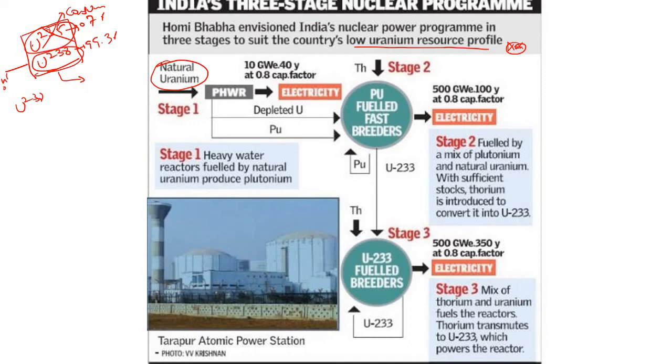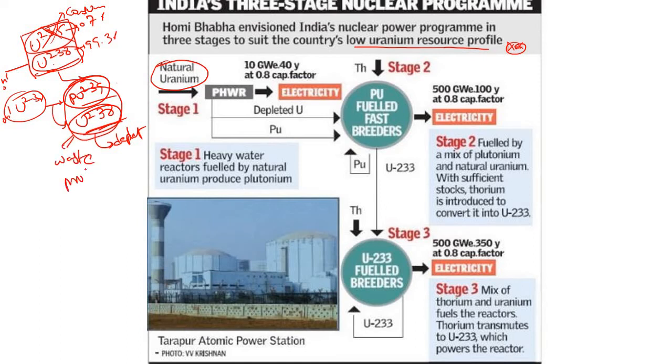When it hits uranium-235, it is utilized and energy is produced, and when it hits uranium-238, as we already discussed, it converts into plutonium-239. But not the entire uranium-238 converts into plutonium-239, only a little part converts, and some part is left as 238. This part which is left as uranium-238 is called depleted uranium. Both of these are waste products of the first stage.